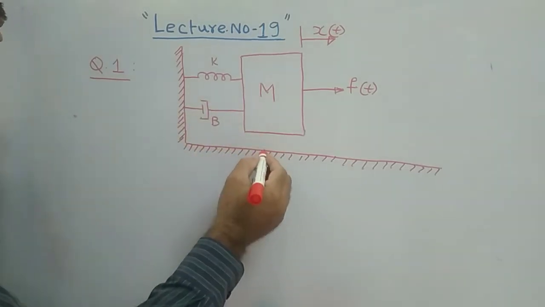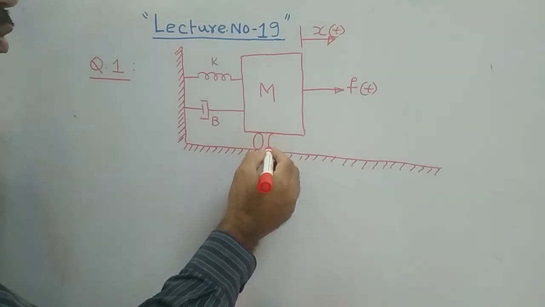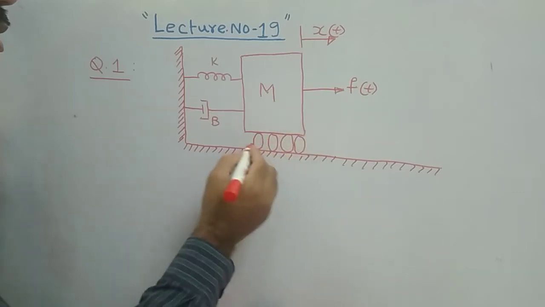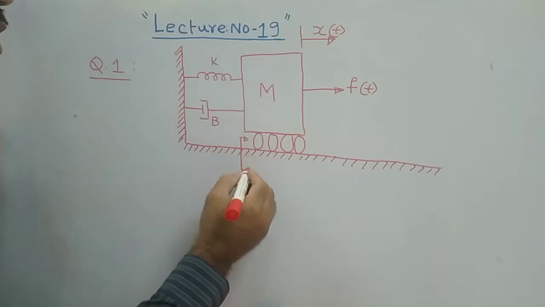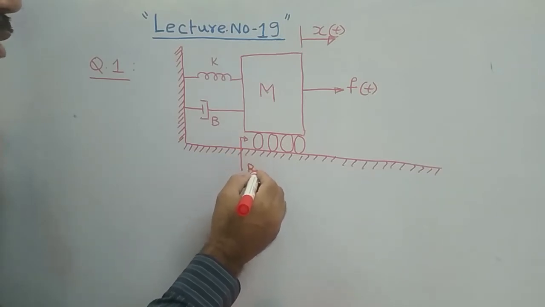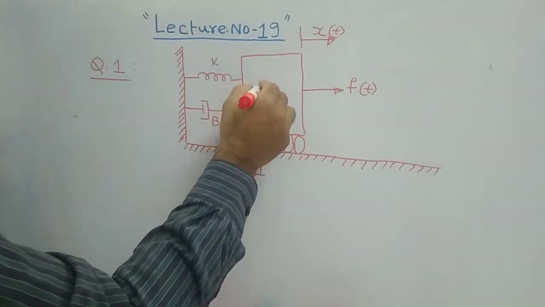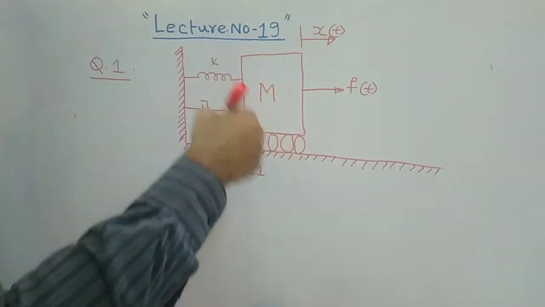Here, between the mass and the reference line, we will have some viscous friction coefficient, which can be represented as b1. So this is the given problem.